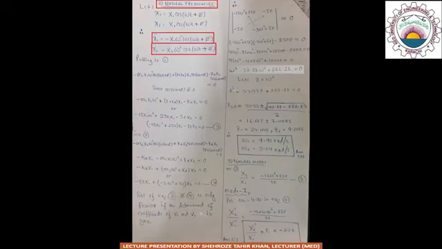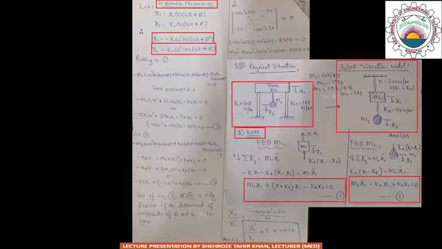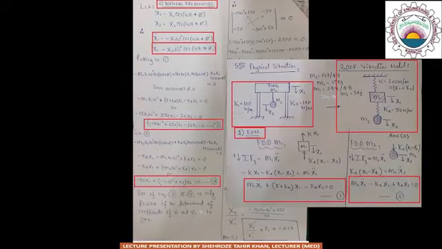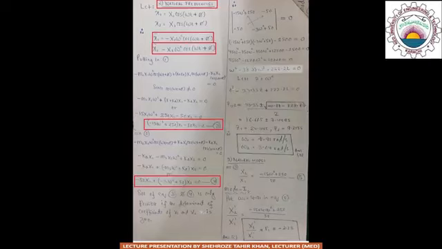So by taking the double derivative of these highlighted equations and substituting the values of x1 double dot and x2 double dot in equations 1 and 2, equations 3 and 4 are yielded as highlighted.